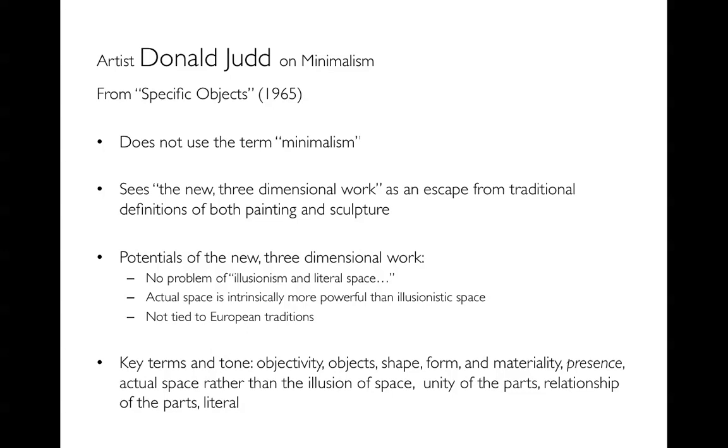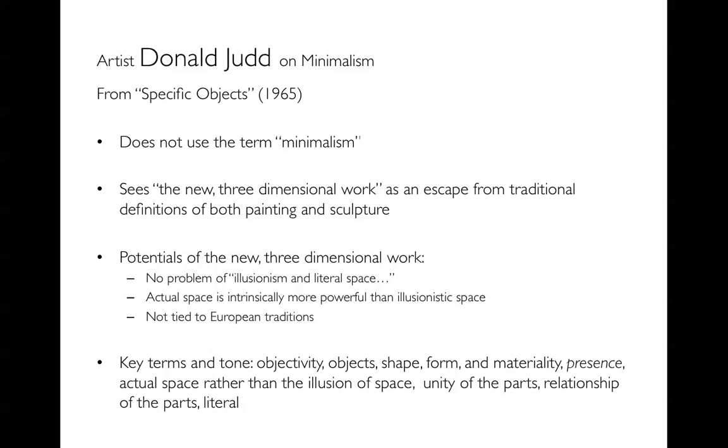Some of the key terms and tone are really fascinating to compare, especially with the terms that we noted for abstract expressionism. Here we hear a lot of terms such as objectivity, objects, shape, form, materiality, presence, so the presence of a sculpture, the actual space rather than the illusion of space, unity of parts, relationship of parts, literal.